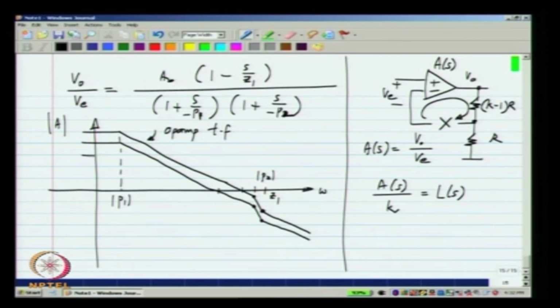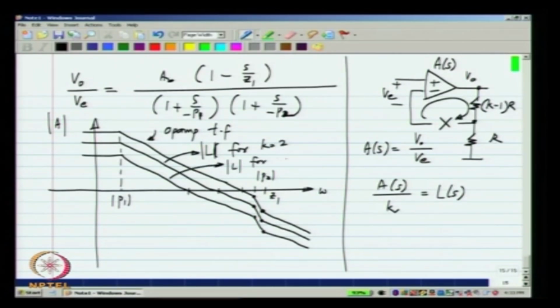And similarly, if k equals 4, it will be like that and so on. Okay. So, this will be the magnitude of L for k equals 2, the magnitude of L for k equals 4 and so on.